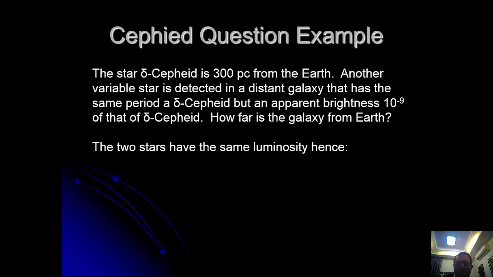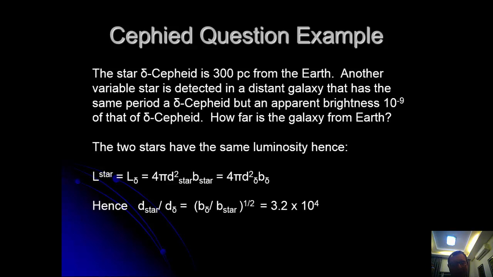If the two stars have the same luminosity, that means the luminosity of one star is the same as the luminosity of my delta Cephei. So that means that 4 pi d squared of the star times the brightness of the star is equal to 4 pi d squared of my delta Cephei times the brightness of my delta Cephei, and therefore I can rearrange these and work out the ratio of distance, which is 3.2 times 10 to the 4.